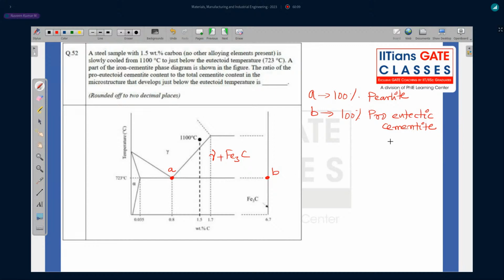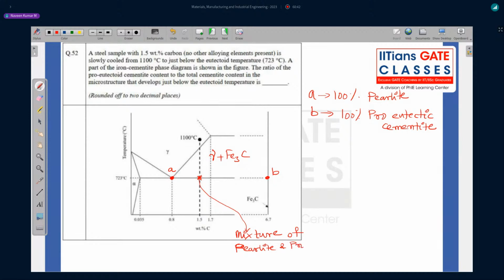Now they are having this composition at this point, and just below that point, we cool it. So what will you get at this point? At this point you'll get a mixture of pearlite and pro-eutectoid cementite, because it is in between.